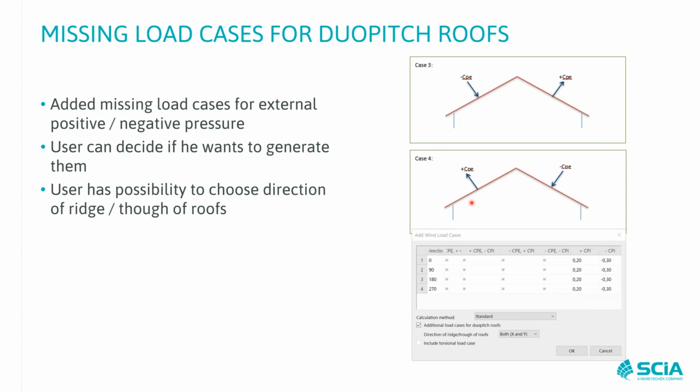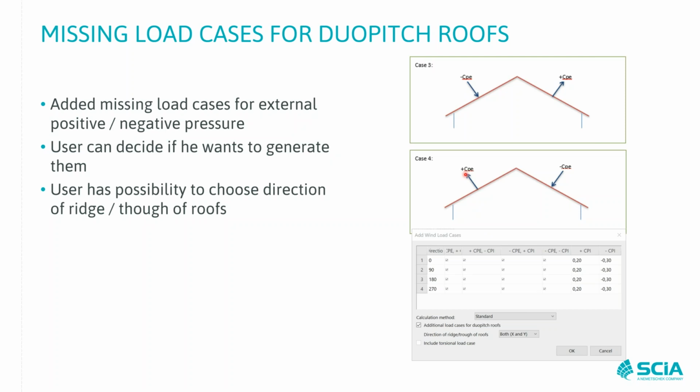We also received some questions that we may be missing some load cases for dual pitch roofs. So we had a look at it, and we came up with this solution.